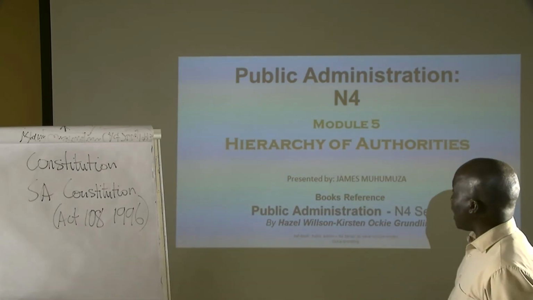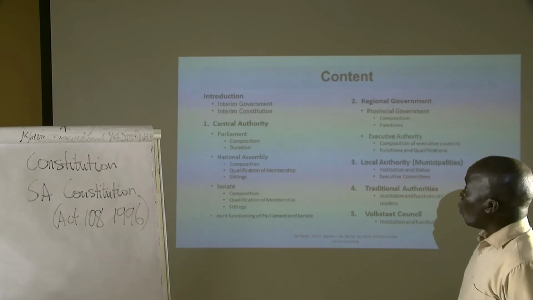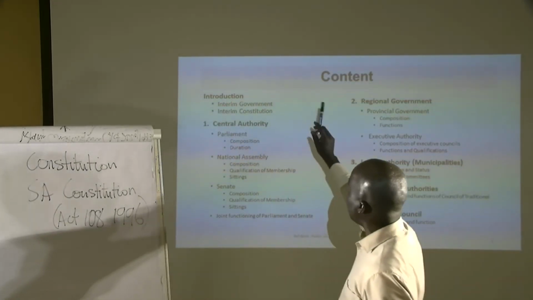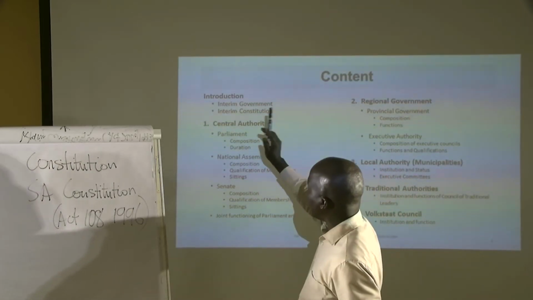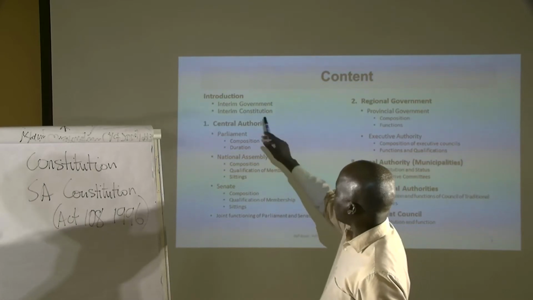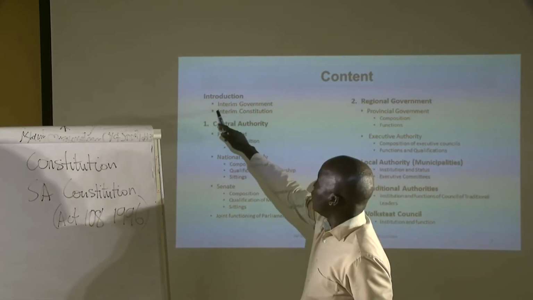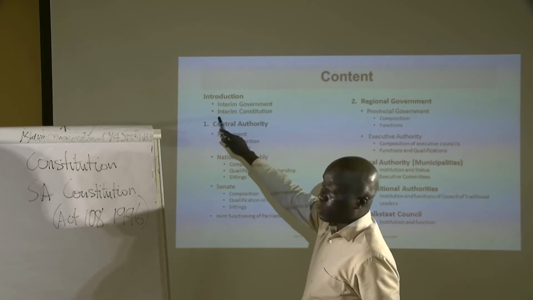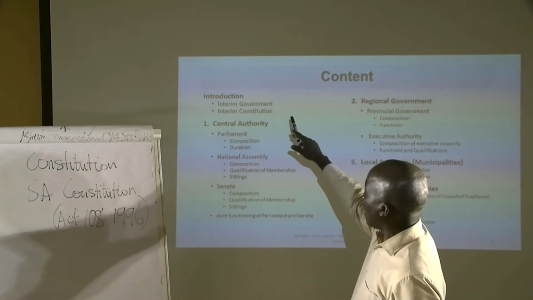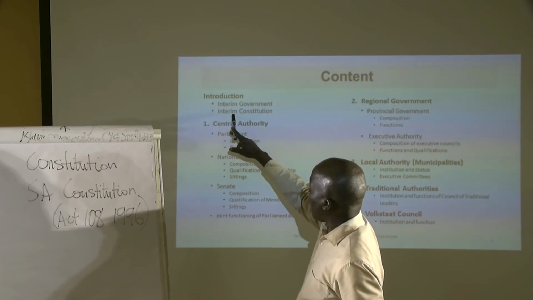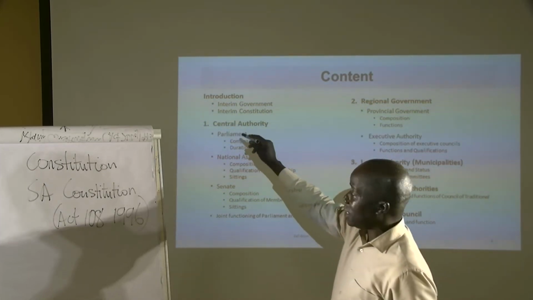We move to the next slide. What we are going to deal with, we've already covered the introduction. We're going to look at a section not listed here, but needed as a continuation of the Constitution. We talked about the Interim Constitution, which was Act 200 of 1993.